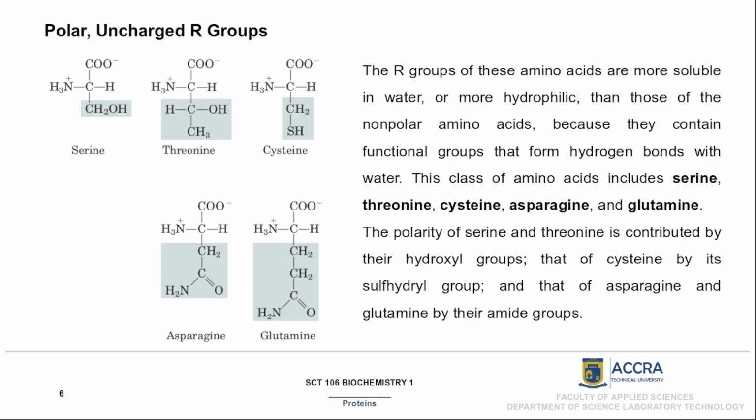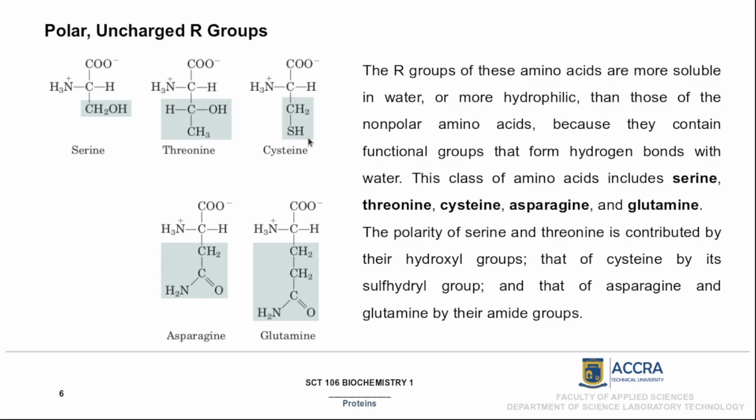Cysteine is readily oxidized to form a covalently linked dimeric amino acid called cystine, in which two cysteine molecules or residues are joined by a disulfide bond. So you see cysteine here having the terminal sulfur hydride group in its side chain. A second cysteine can bond with this amino acid, forming a disulfide.